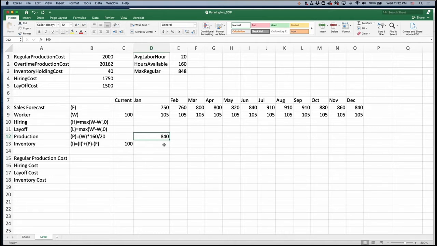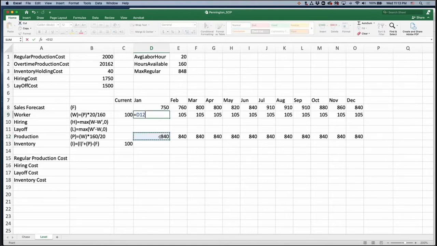Our worker level is 105. Each worker has 160 hours of available time, and it takes 20 hours for each cabinet.